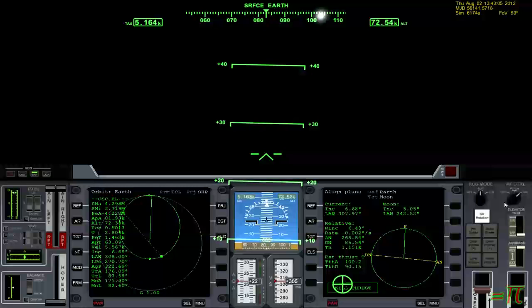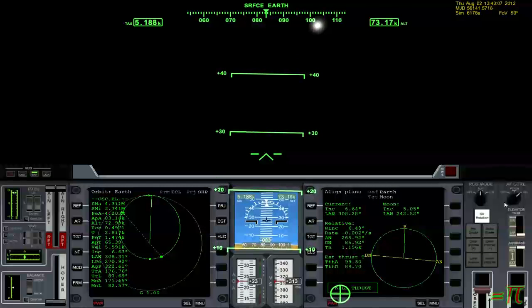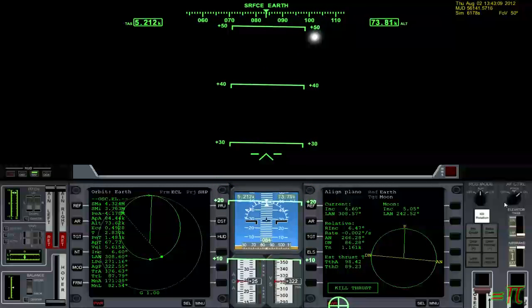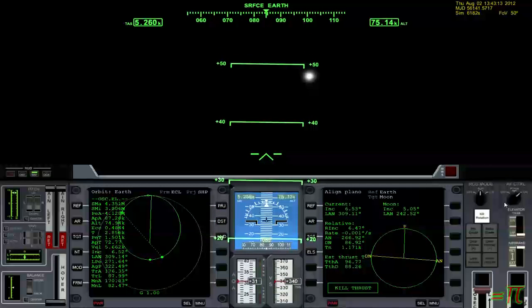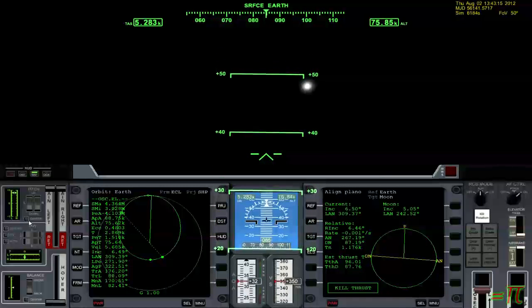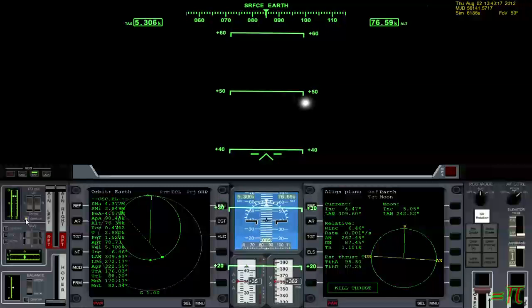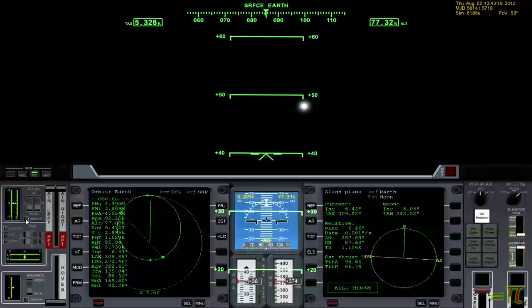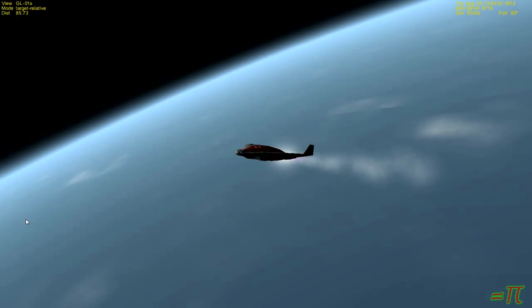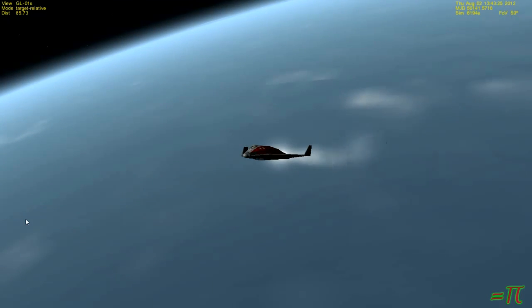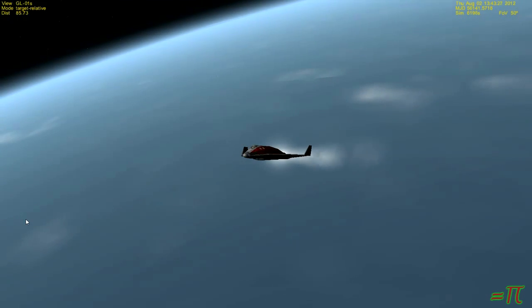Profile's looking good. 72 kilometers and climbing, 5,100 meters per second. Need to center the engine gimbals. Don't want to pitch too high. Very good, very good. We're almost out of the thickest part of the atmosphere.